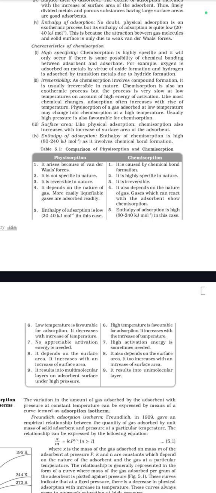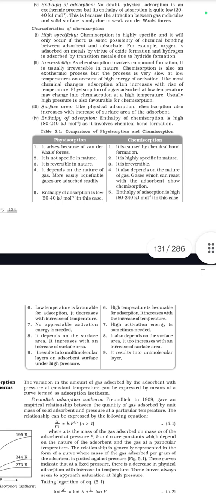Chemisorption is also an exothermic process, but the process is very slow at low temperature on account of high energy of activation. Like most chemical changes, adsorption often increases with rise of temperature. Desorption of a gas adsorbed at a low temperature may change into chemisorption at a high temperature. Usually, high pressure is also favored for chemisorption.